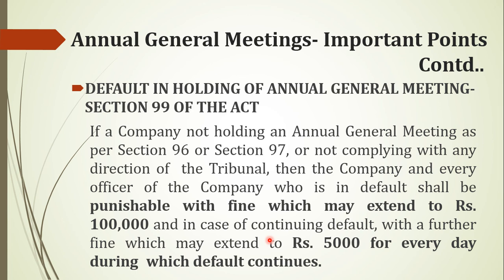Thirdly, section 97 gives the power to the tribunal to call the AGM if the company is unable to call it. And fourthly, section 99 deals with the punishment, that if a company is unable to comply with section 96, or section 97, or the direction of the tribunal, then the company and every officer in default would be levied with such penalties.